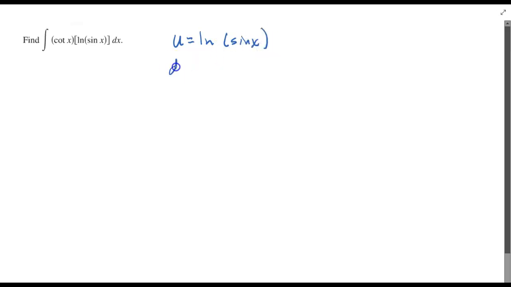And this is my last example. This is kind of tricky. Watch what happens. I'm going to let u equal the natural log of sine x, which means du is 1 over sine x times the derivative of sine, which is cosine x. And hey, what is cosine over sine? It's cotangent x dx. And guess what? We have cotangent x dx.